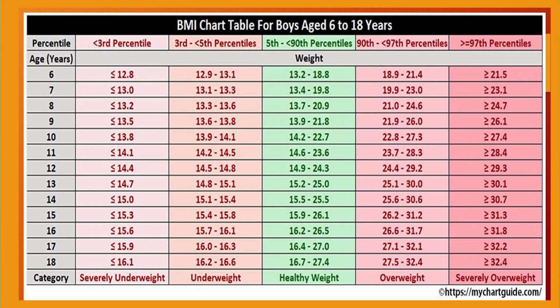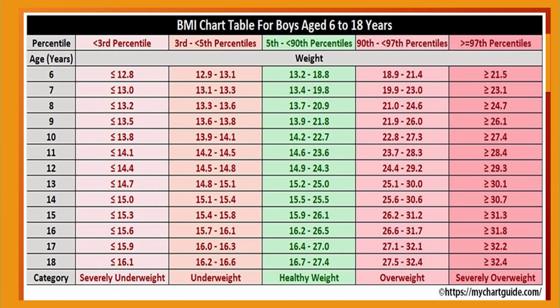So, this is the way you categorize or calculate the BMI, just to analyze in which stage the child or adolescent is lying, right. You can take any age group, for example an adolescent of 18 years of age. You see that when the BMI is less than 16.1, it is severely underweight.